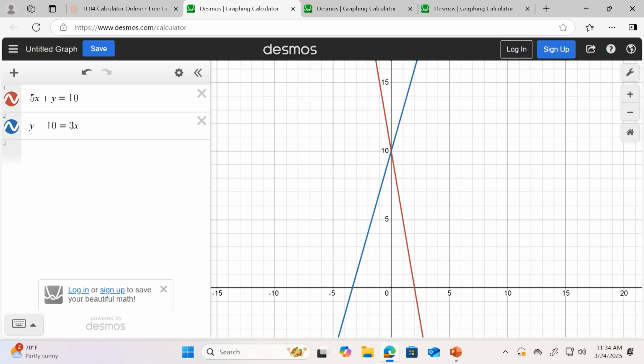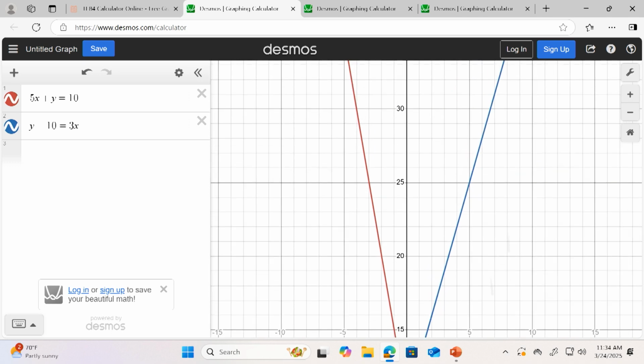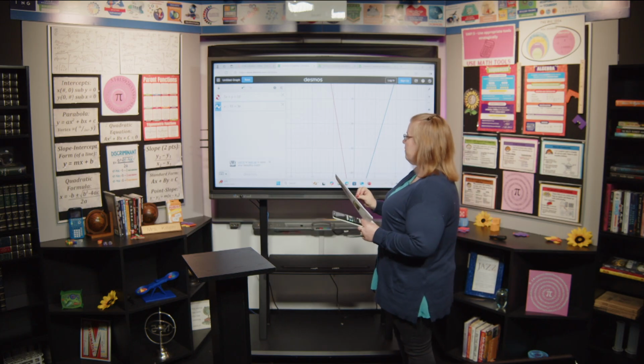So I come over and look at 7 and go up to 31, and what do I notice? At 7, 31, which is right here, I am only using y minus 10 equals 3x. So it is only on that one graph.